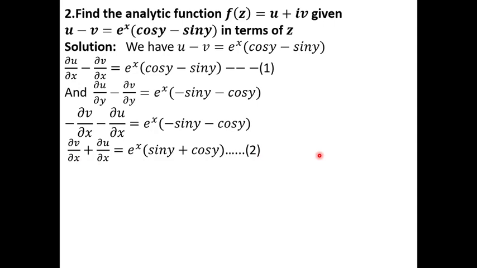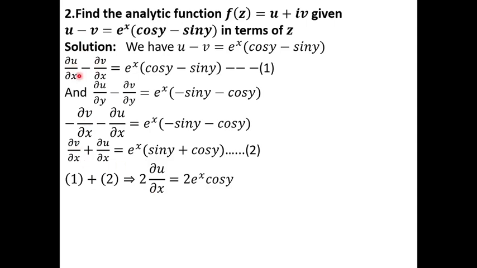From equation 1 and equation 2 we see dou u by dou x and also dou v by dou x. Now by using 1 and 2 we find dou u by dou x and dou v by dou x separately. When we add 1 and 2 we get 2 times dou u by dou x, because minus dou v by dou x plus dou v by dou x get cancelled.